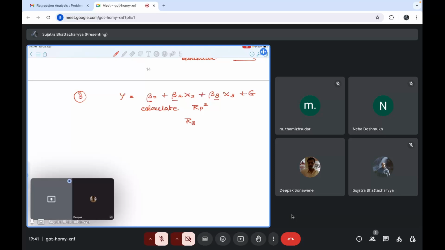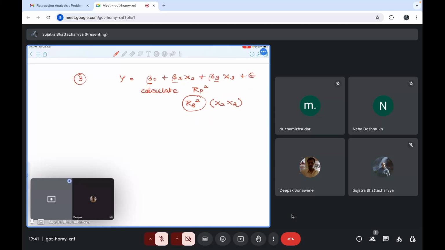So R3 square actually has to be calculated, but for x2 x3, because there are many possibilities in R3 square. So x2 x3 only we have to take. What is the definition of RP square? It is 1 minus SS residual of P divided by SST.